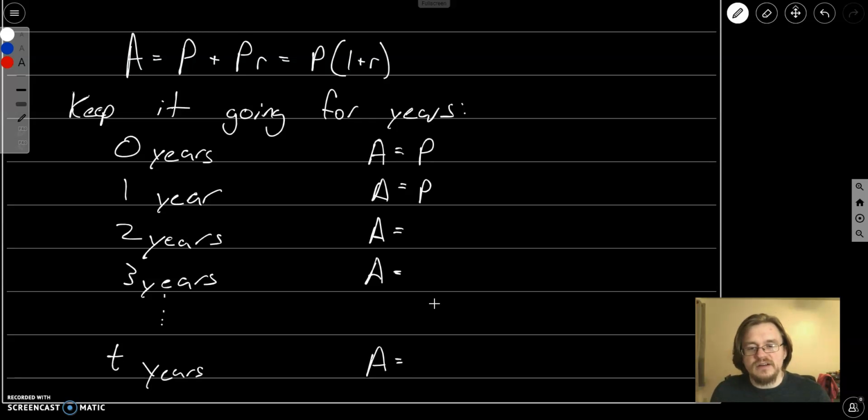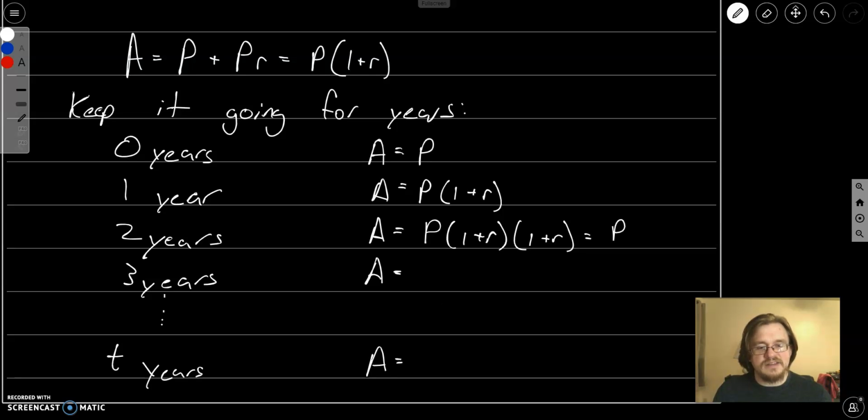At the end of 1 year, we already saw that our accumulated value is going to be our principal plus a little bit. At the end of 2 years, we're going to take whatever we had at the end of year 1, and it's going to grow a little bit. Well, by how much? By the same amount as far as the rate is concerned. And we'll see that this is just a pattern. We're just going to multiply it by 1 plus the rate squared.